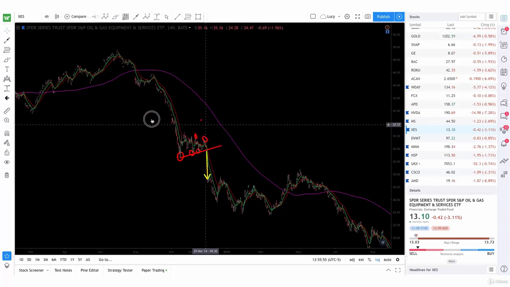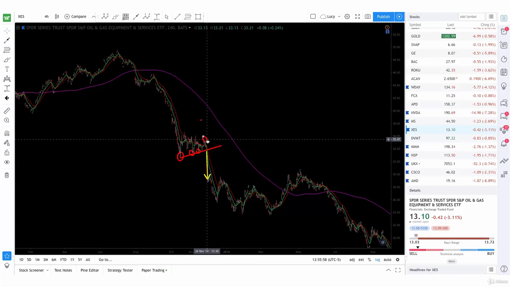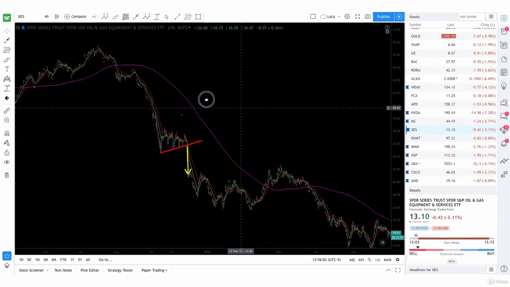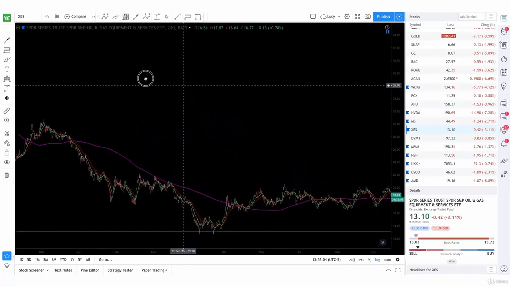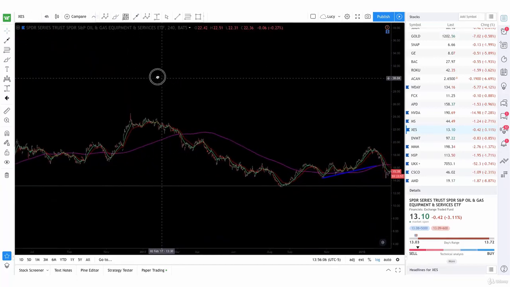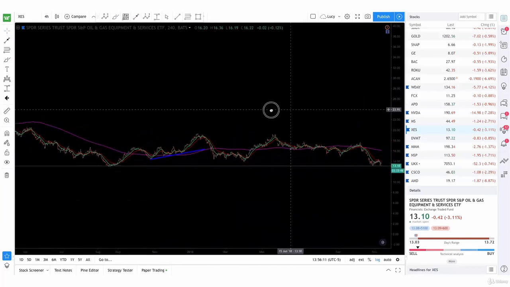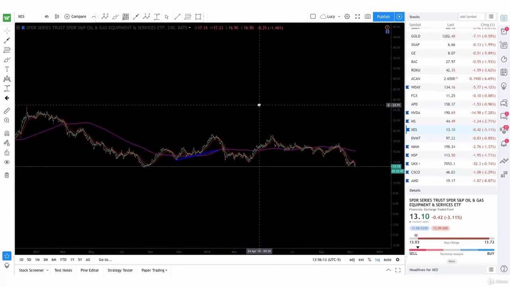So we could have an uptrend come in, and after the uptrend, you'll see it break up. Although you want to be ready, because it can actually break the other way and cause a reversal.